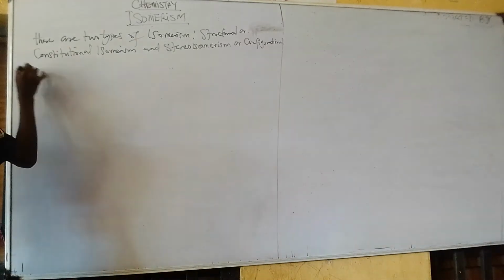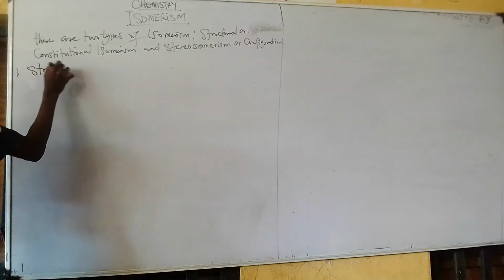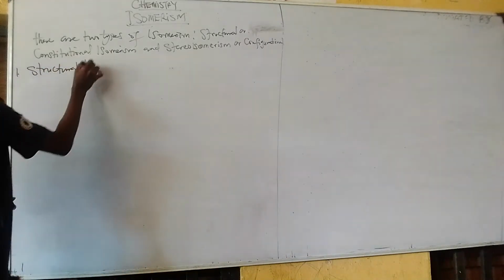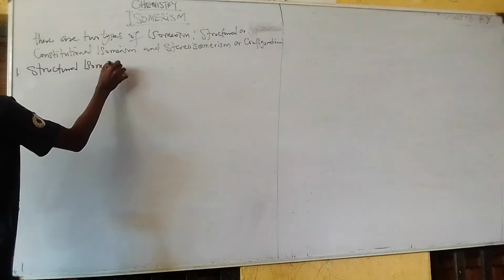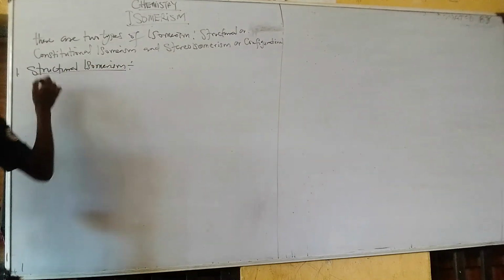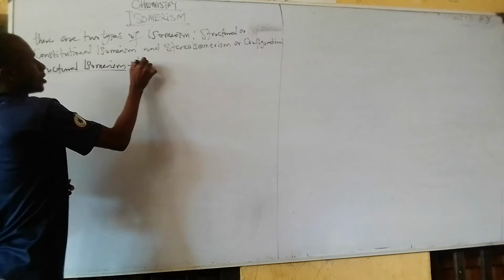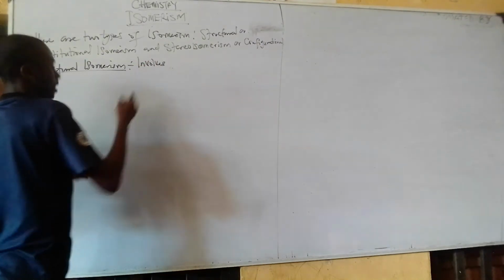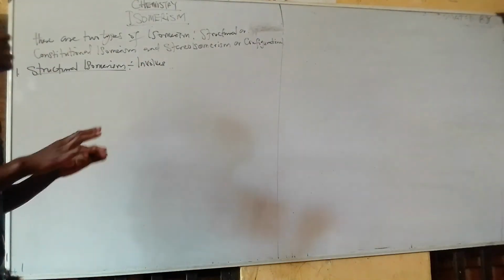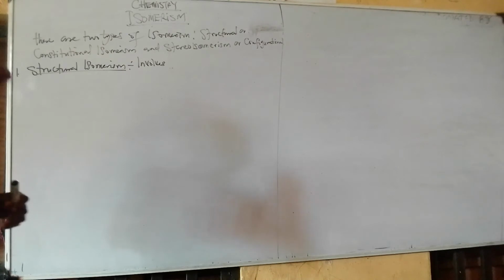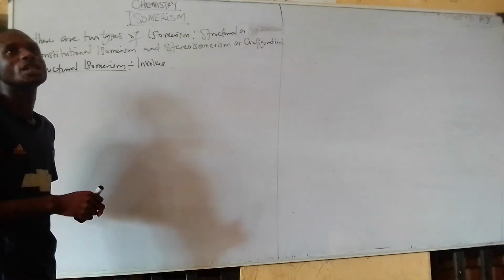Number one, structural isomerism. What is structural isomerism? Structural isomerism involves producing different structure with the same molecular formula.